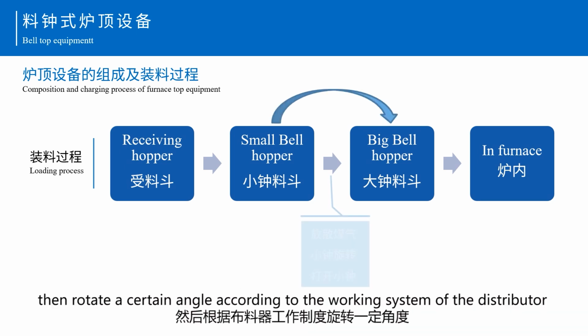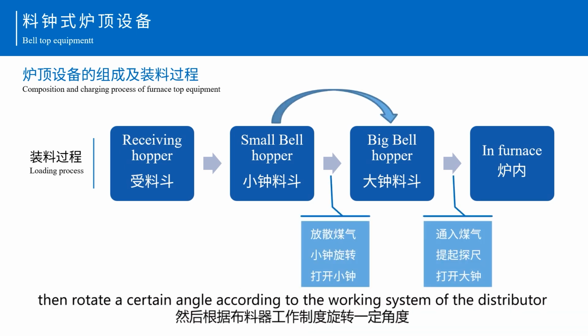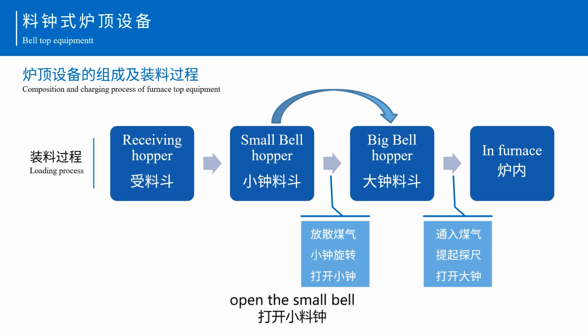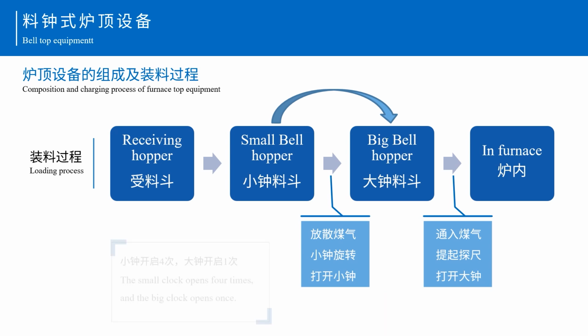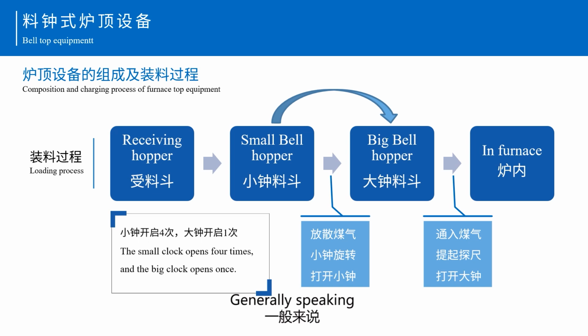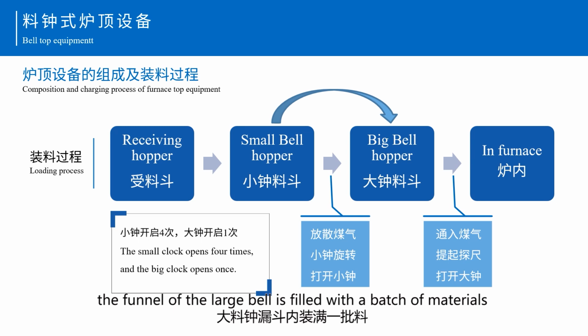Then it rotates a certain angle according to the working system of the distributor. Open the small bell and pour the furnace charge in the small bell hopper into the large bell hopper. Generally speaking, after the small bell works 4 times, the funnel of the large bell is filled with a batch of materials.